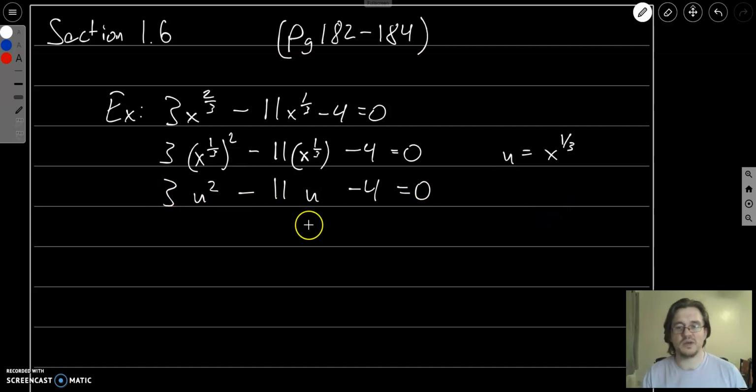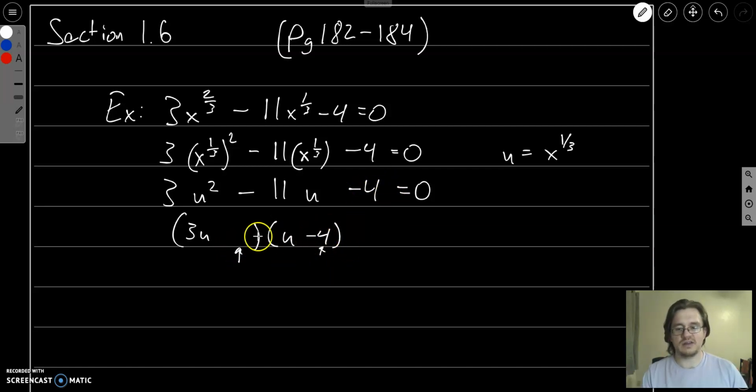This is a quadratic equation, and we can solve this. This is in fact factorable. We have a 3u squared, so it'll be 3u plus or minus something times u plus or minus something. What we put back here and here, we'll have to multiply together to get -4.